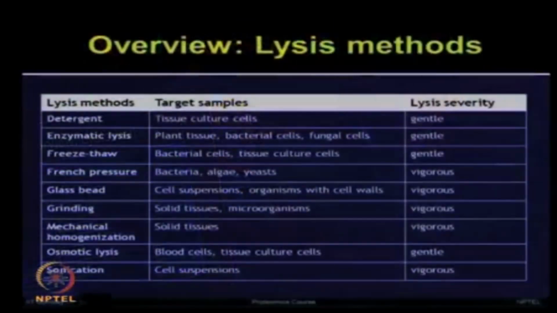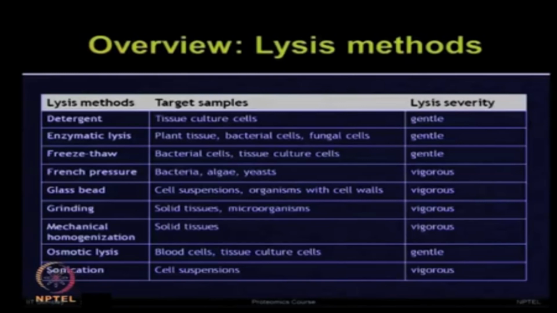So, now I will give you an overview of lysis methods. We have talked about all of these methods briefly. I am giving you an overview now. One can use detergents if your target sample is tissue culture cells. This is going to provide a gentle lysis method.